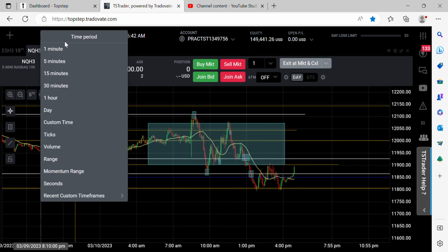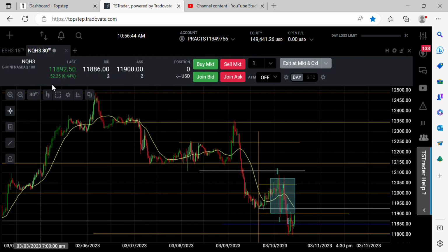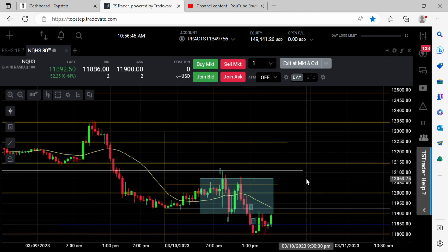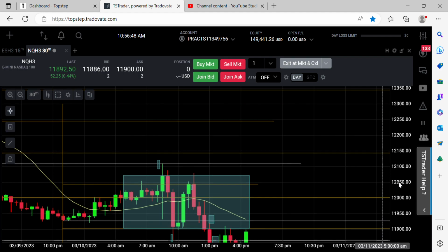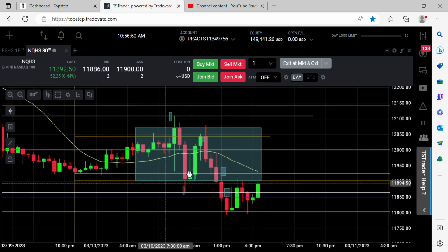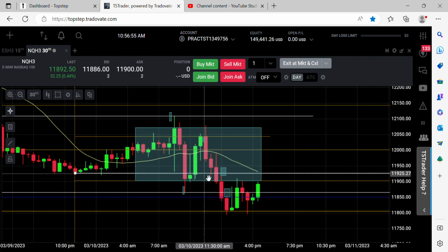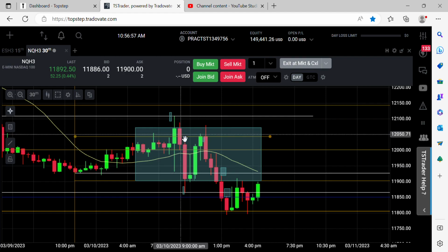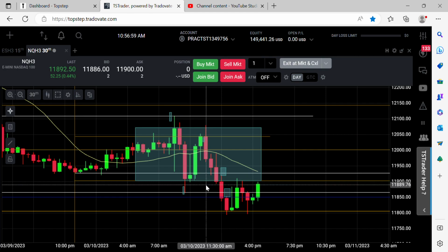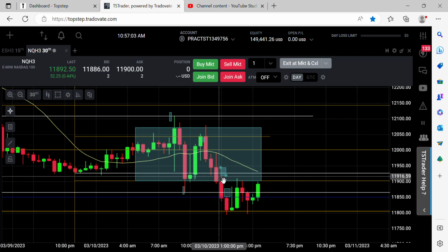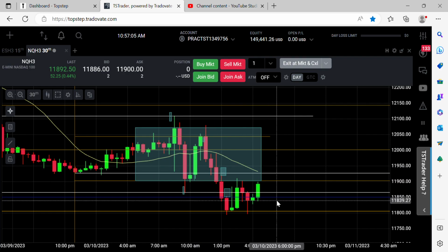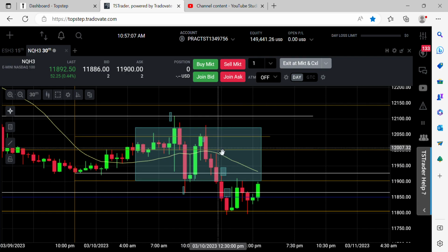Let's go to the next higher one, which is the 30. 30 is real wicky. You're probably getting smoked on the 32. Yeah, you would have got lit up. If you're short in there, you get wicked out.